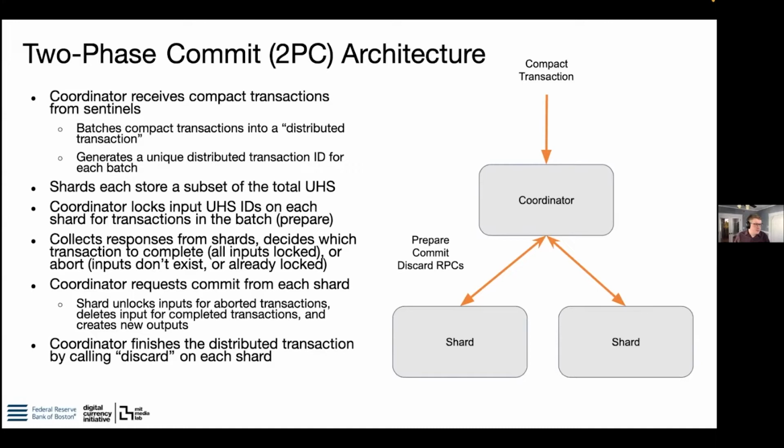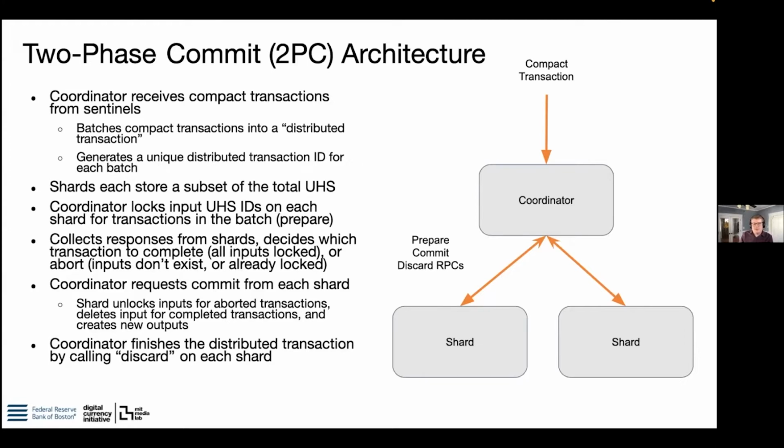And the key thing to identify is that you actually don't need to order all transactions with respect to each other. If two transactions are occurring in the system that don't touch the same state, aren't interacting with the same people, then they don't need to be ordered with respect to each other, and they can be executed in parallel.